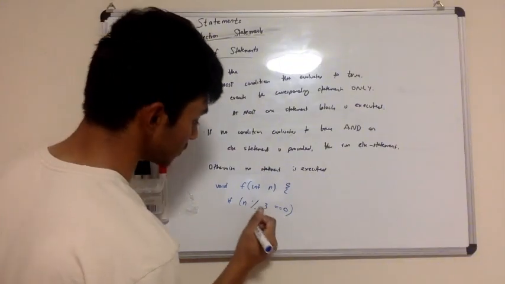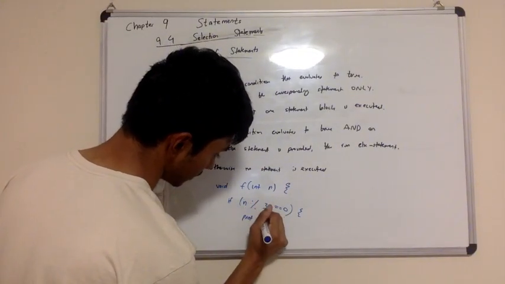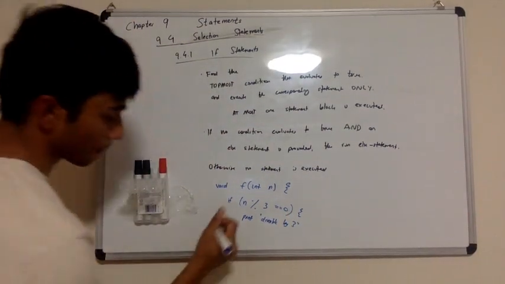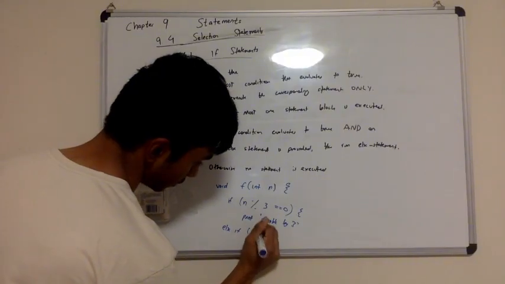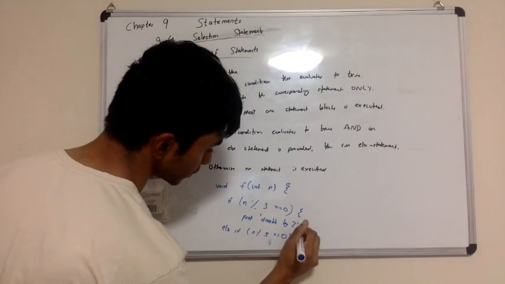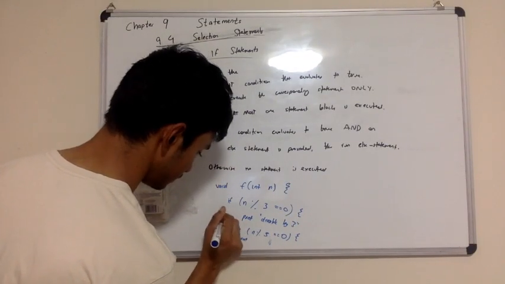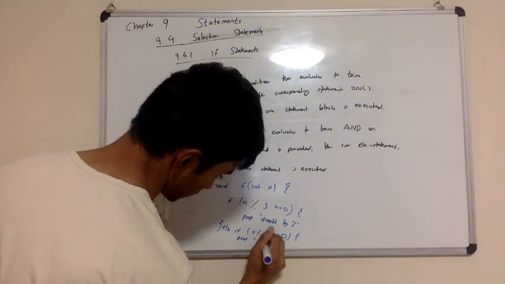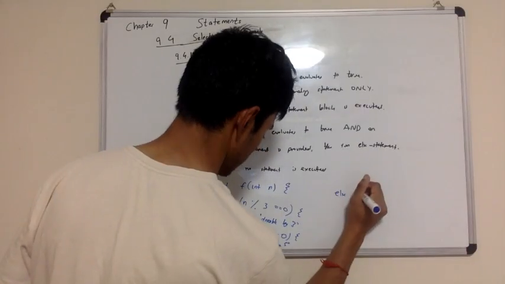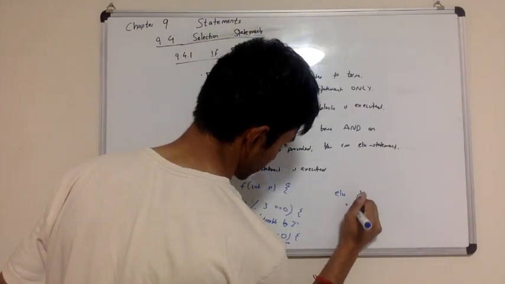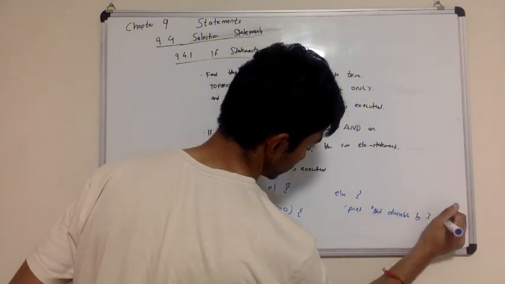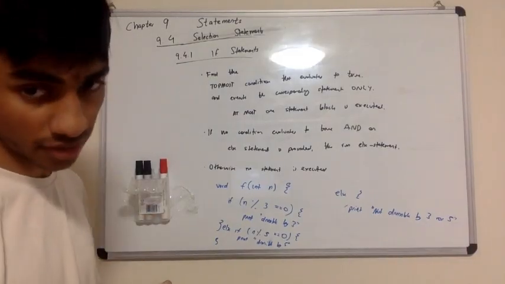So if n is divisible by 3, then print divisible by 3, for example. And we can say else if n mod 5 is equal to 0, then print divisible by 5, and then pretend that it's continuing on. But else, we can say print not divisible by 3 nor 5. That is, the number n is not divisible by 3, and it's also not divisible by 5.